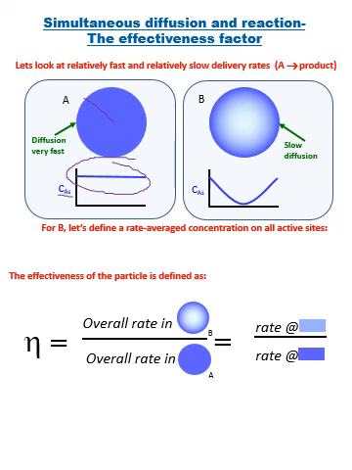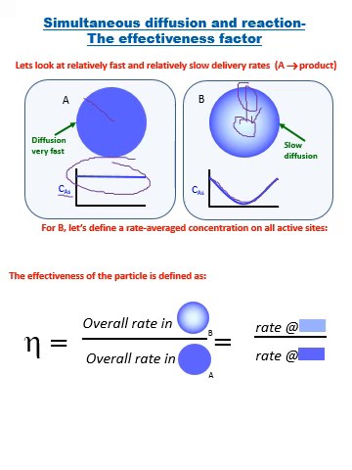I have a high concentration near the surface. As it reacts away, it gets depleted. And if diffusion is really slow, I may end up having some gold or some palladium or some very expensive active sites there in the center of my catalyst particle that does not see any reactant at all. So I have a concentration profile over my catalyst particle diameter.